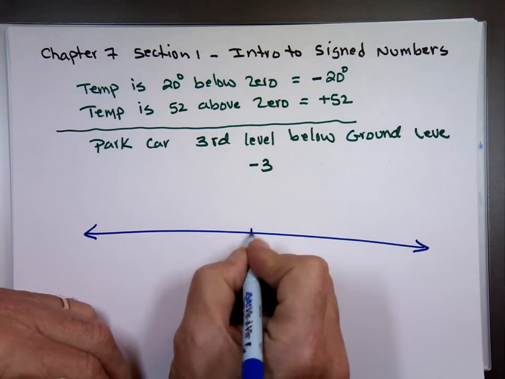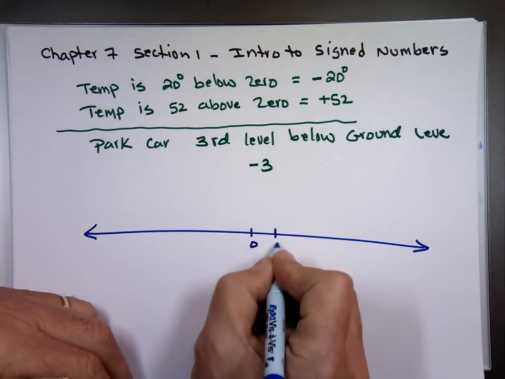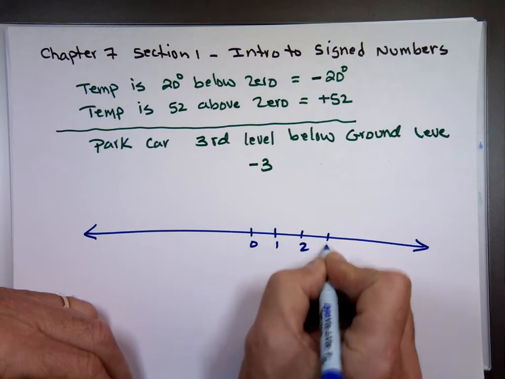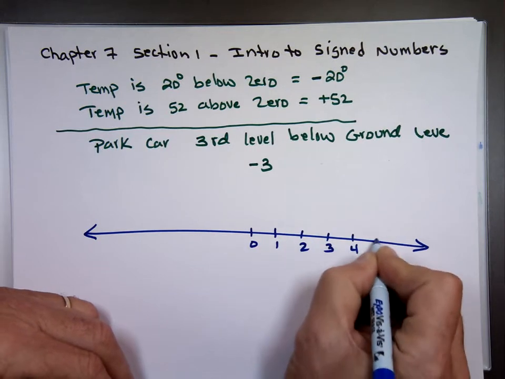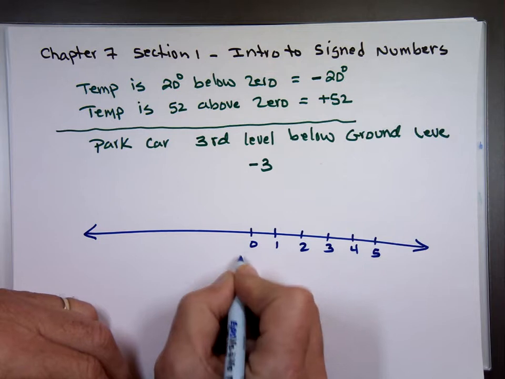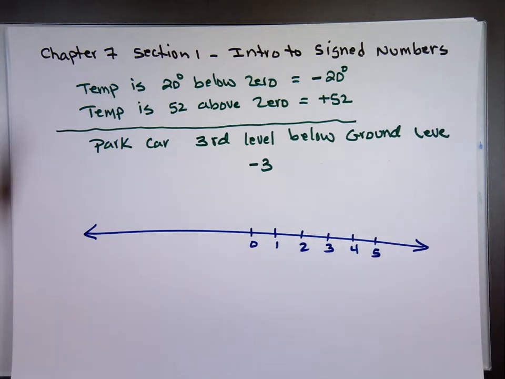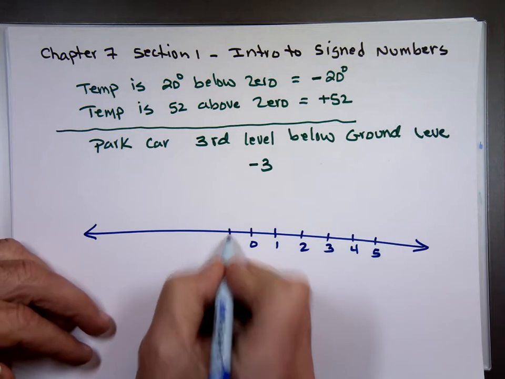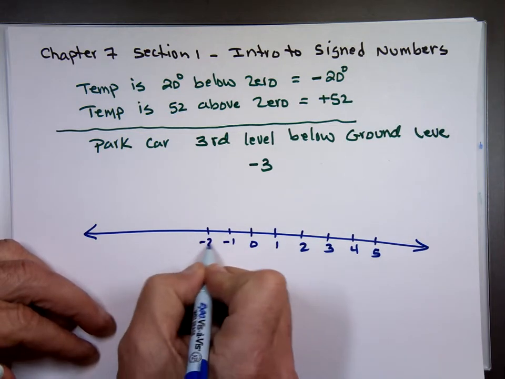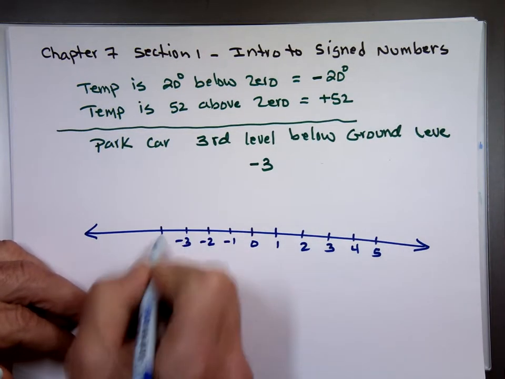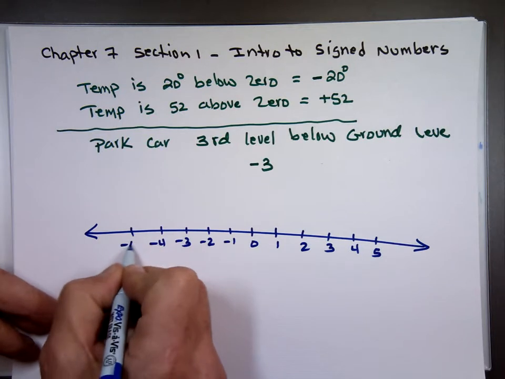So the number line, this is 0. To the right of that is the positive numbers. Again, what I'm writing down, these numbers are the integer values. When you include what's in between them, that's the number line, the real numbers. Minus 1, minus 2, minus 3, minus 4, minus 5.